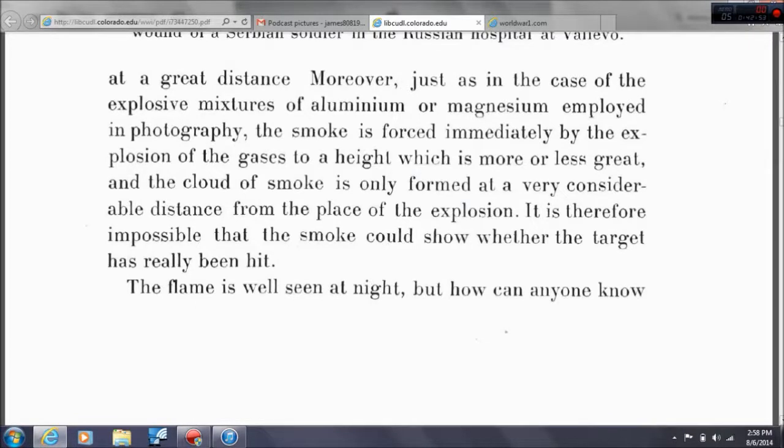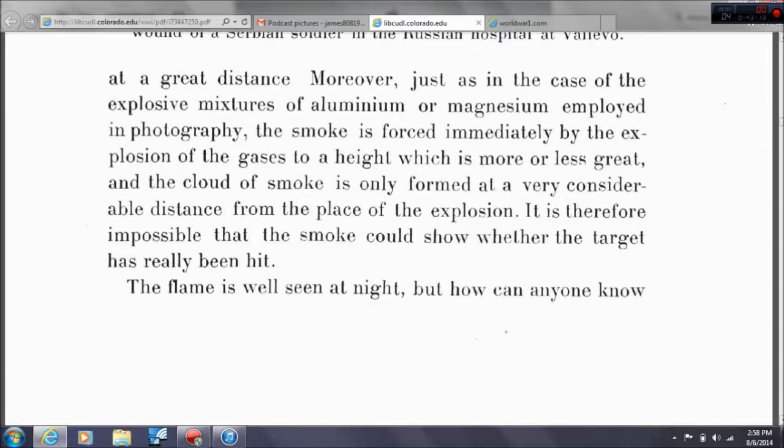Not only does he provide pictures of the wounds, which we already showed you, but you can look these up too. If you wanted to look it up, you could type in probably Serbian explosive bullet wounds or R.A. Rice report, and you'll probably get the same type of images.